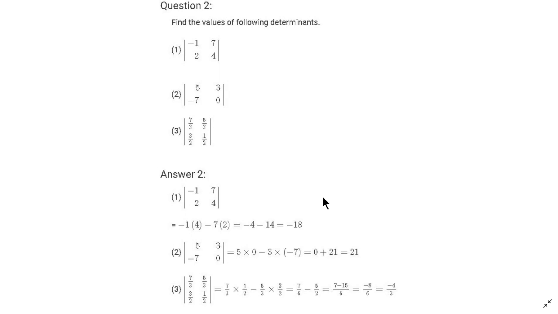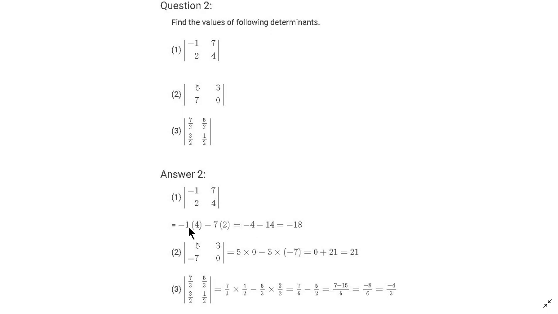Next example: find the values of the following determinants. There are 3 determinants. We have to find the value of each determinant. The process is the same: do the cross multiplication and then subtraction. So for this determinant, minus 1, 7, 2, 4: minus 1 into 4 minus 7 into 2.